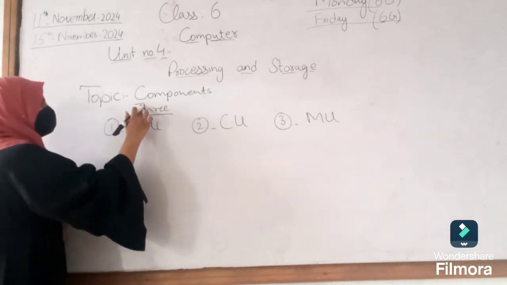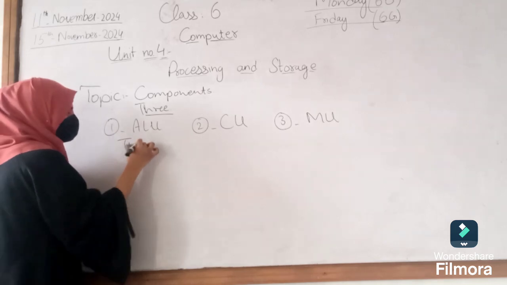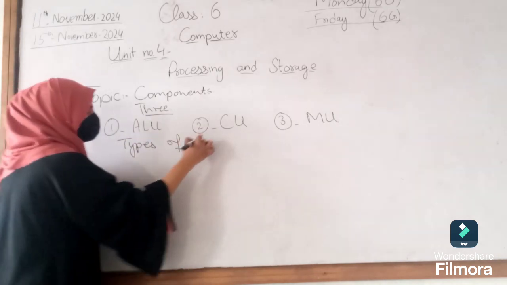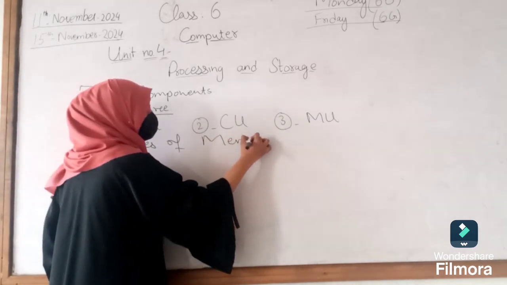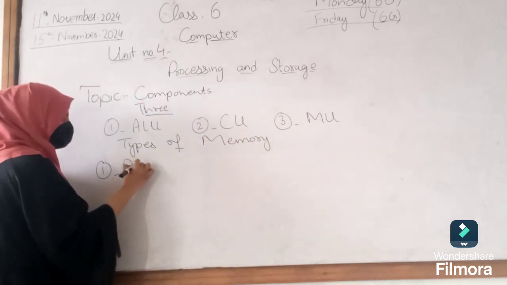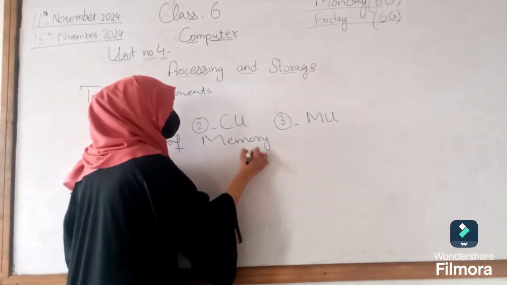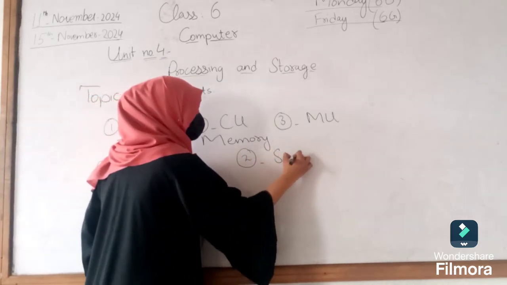Okay. And next we talked about there are 2 types of memory. One is the primary memory and the second one is secondary memory.